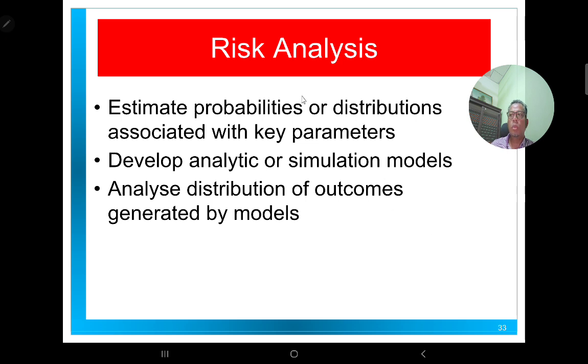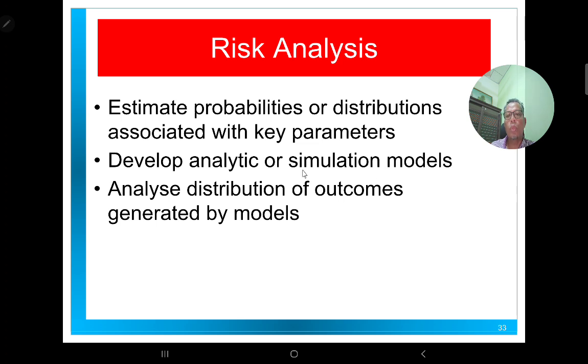So in order to make sure the project can be implemented successfully, it is very important to be able to estimate some of the risk. So there are methods to estimate. Usually they will use statistics to estimate probabilities of the key parameters which will affect the project implementation.